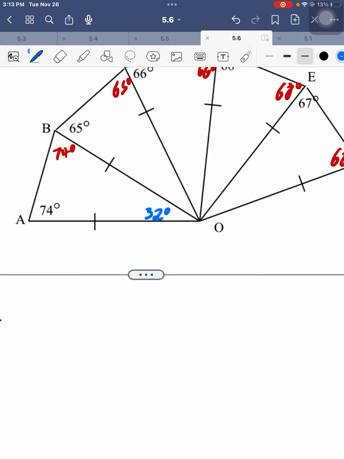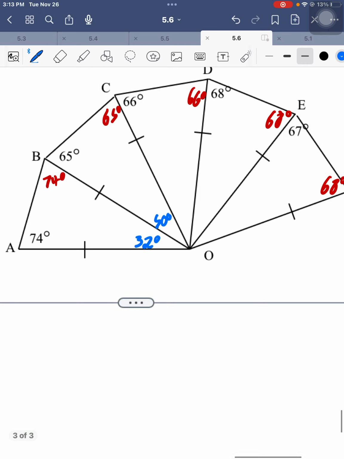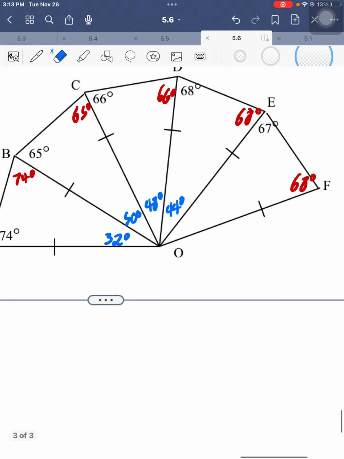Okay, let's look at the other one. 180 minus 65 minus 65 is 50. Okay, 180 minus 66 minus 66 is 48. 44. I'm just doing the triangle angle sum theorem, guys.